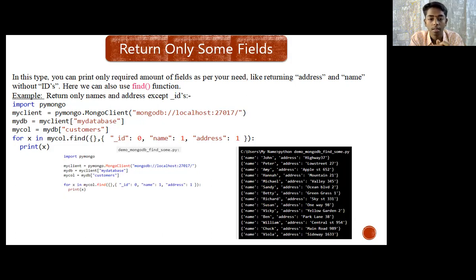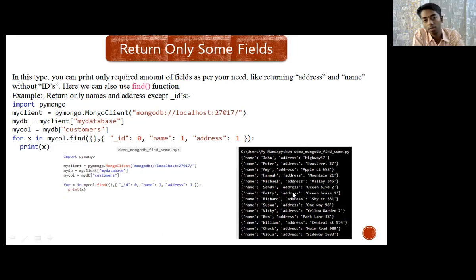It means ID 0 means it does not print the ID. We want 0 IDs to be printed. Name, we want the name to be in the output, and address 1, we want the address to be in the output. So print X, as we could see here in the CMD screenshot. Without IDs, it has given an output only with the fields name and address.